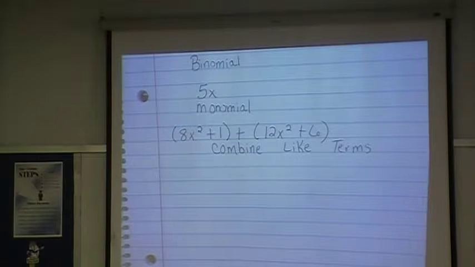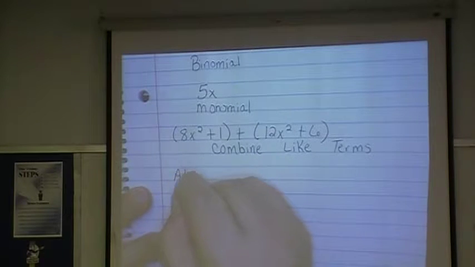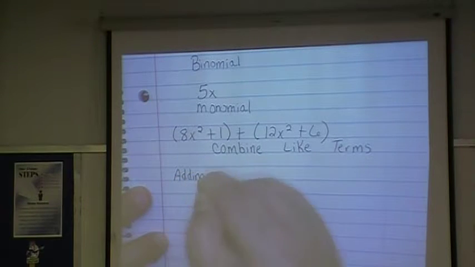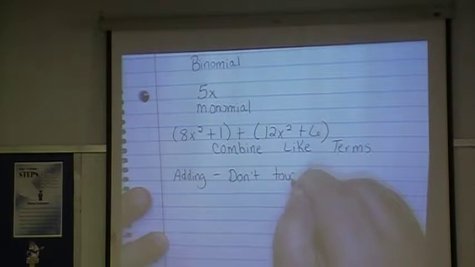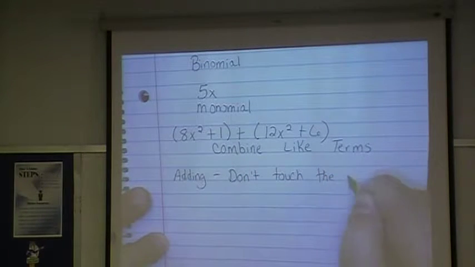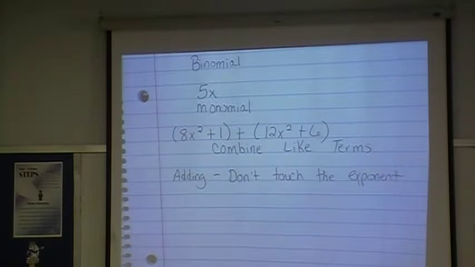When you are adding, just like when you multiply and divide and raise to a power, there is a rule that you follow. When you are adding, don't touch the exponent. You will never change an exponent when you are adding.